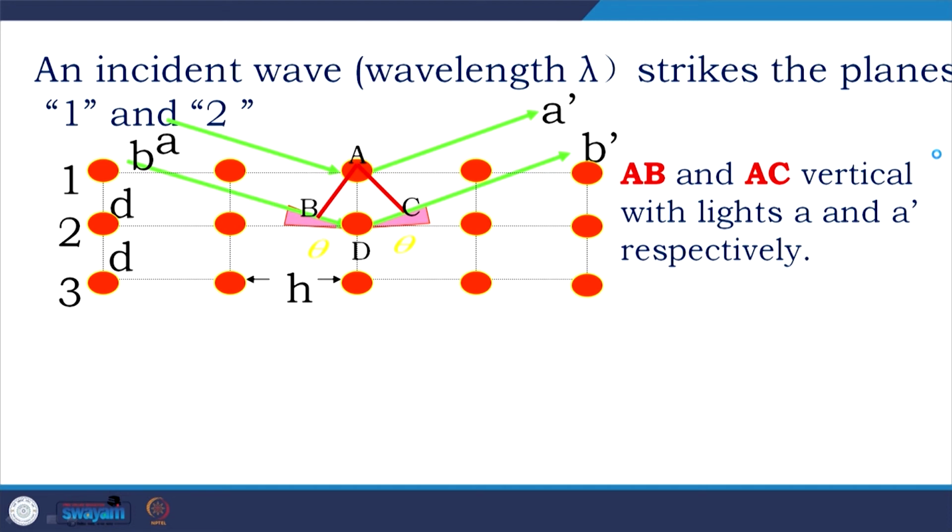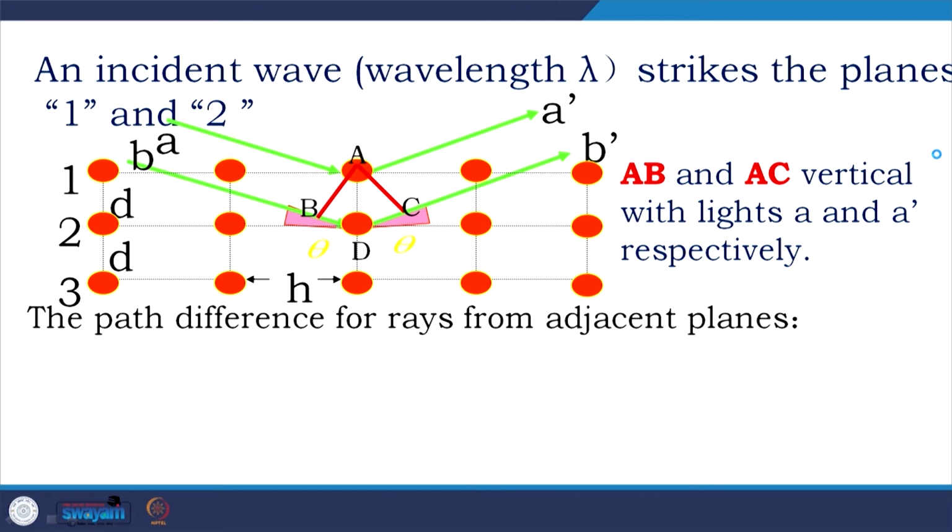AB and AC are perpendicular to the light rays A and A prime respectively. So, how do you get the path difference of rays from the adjacent plane? You will see that a perpendicular triangle is formed and you get an angle which is theta.